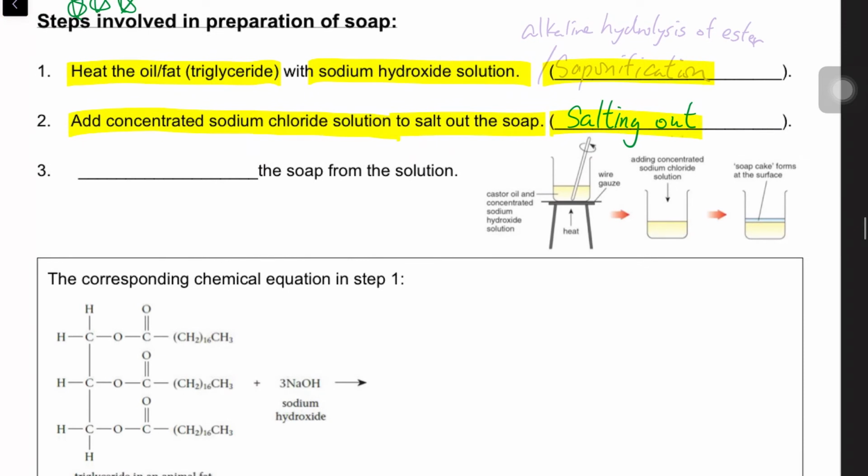Now, we found that sodium chloride can lower the solubility of the soapy detergent, okay? So if concentrated sodium chloride solution is added to the mixture, then the soapy detergent will exist in solid form, and then good, we can filter the soap from the solution by using filtration.